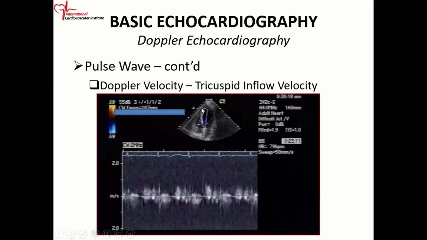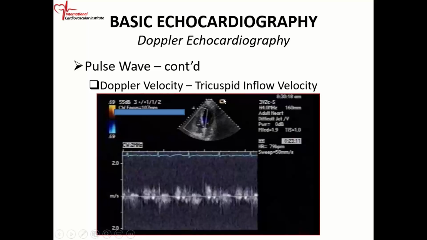Okay, tricuspid. So if you were to look at your tricuspid inflow, cursor is right there. Sample volume is at the tip of the tricuspid leaflets. This is your transducer. So you have a diastolic flow above the baseline, and that's because you have flow from the right atrium across the tricuspid valve into the right ventricle.